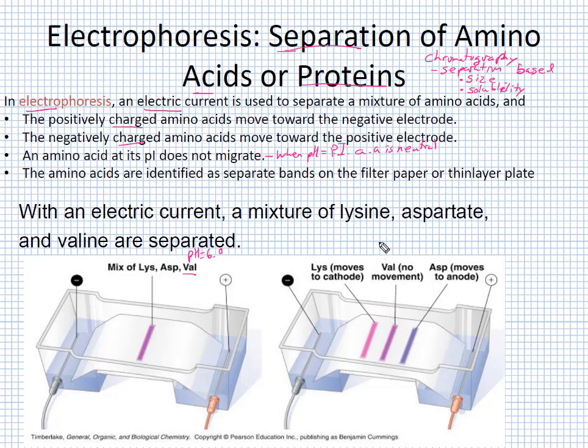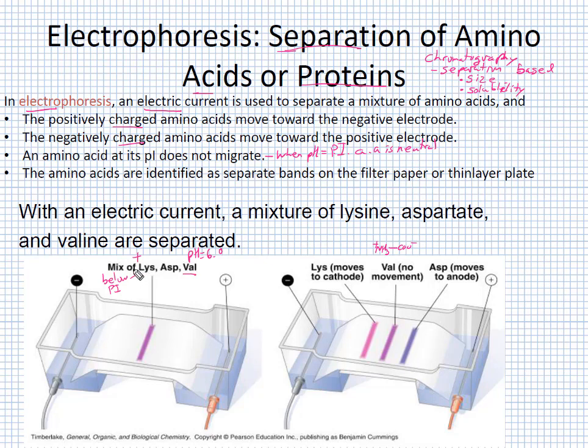Now it's a Zwitter ion, so it has the positive on the amine and the negative on the carboxylate, but the two neutralize each other, so it doesn't move. But at a pH of 6, which is fairly low, the lysine is going to be positively charged. Here at a pH of 6, this is below the pI for lysine.